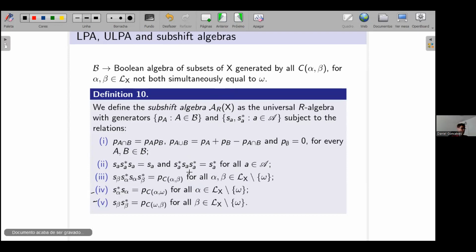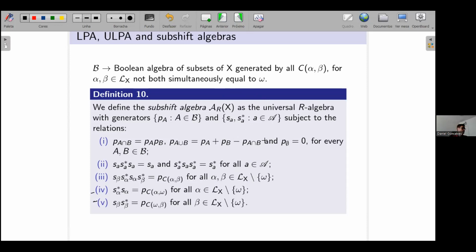But if this algebra is unital, this one that's here on the screen, then it coincides with the previous one that we defined. If you start with this Boolean algebra generated by the C alpha beta and somehow you get X there, then this algebra coincides with our previous algebra. If it does not have the X, then it's the unitization, the algebra that we just showed.